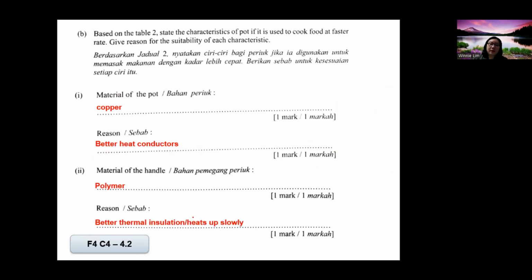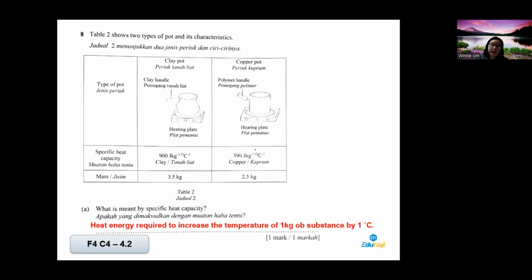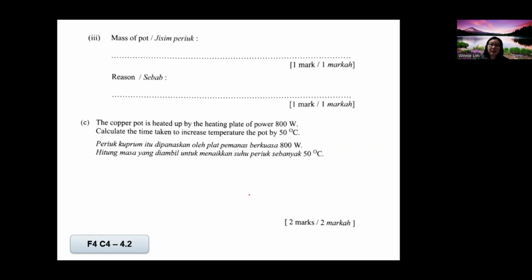Then polymer: better thermal insulator, or heats up slowly. Then the mass of the pot: you don't need it to be heavy, correct? The mass of clay is 3.5, copper 2.5. So the mass idea is whether heavy or lighter. It's lighter, so portable.